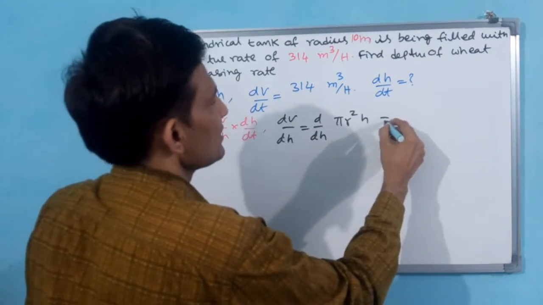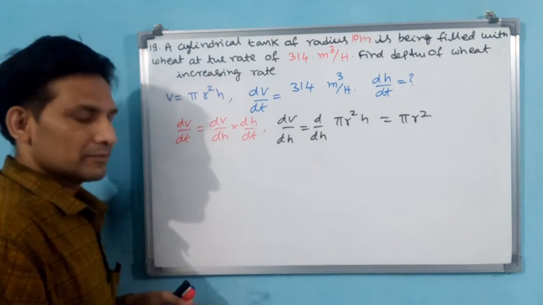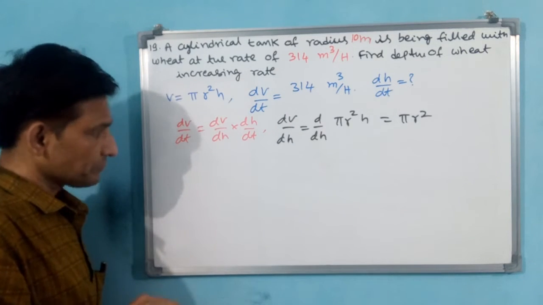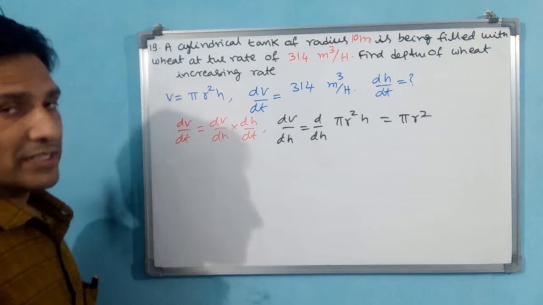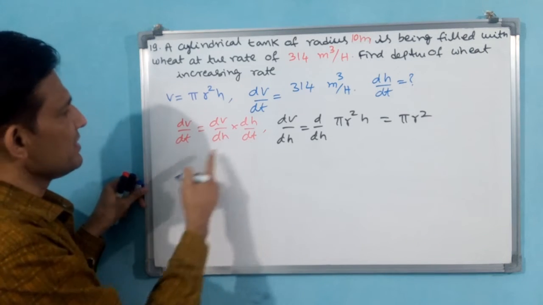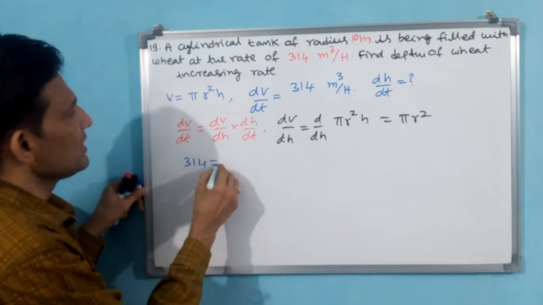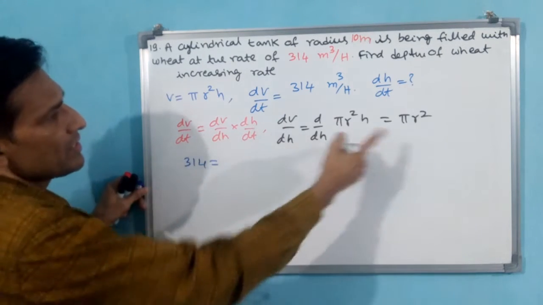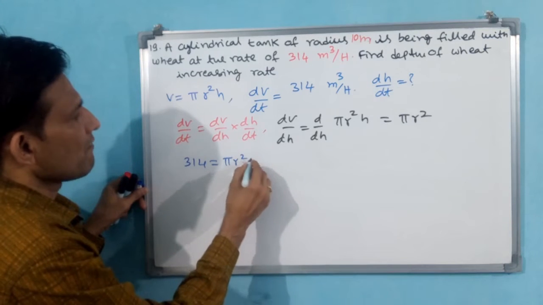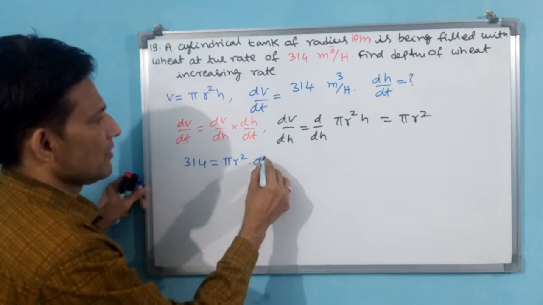That is equal to pi r square. Then dV by dt is 314, which equals pi r square into dH by dt.